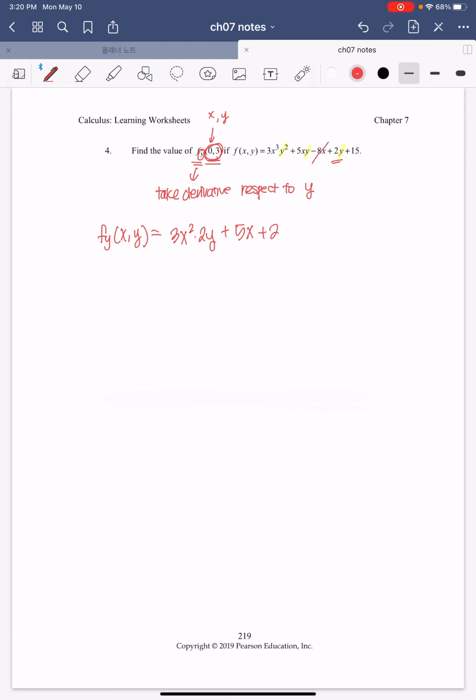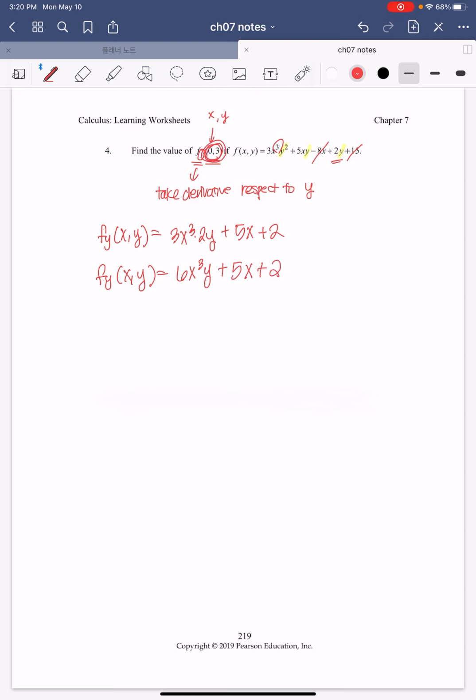Next one is 2, and then the constant is just a 0. So my f sub y of x comma y will be 6x squared. Oh, I'm sorry, x cubed. Should be x cubed. 6x cubed y plus 5x plus 2.